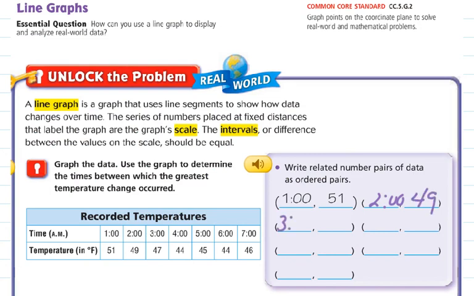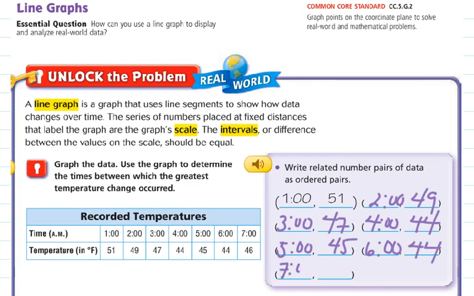At 3 a.m. it was 47 degrees. At 4 a.m. it was 44 degrees. At 5 a.m. it's 45 degrees. At 6 a.m. it's 44 degrees. And at 7 a.m. it was 46 degrees.